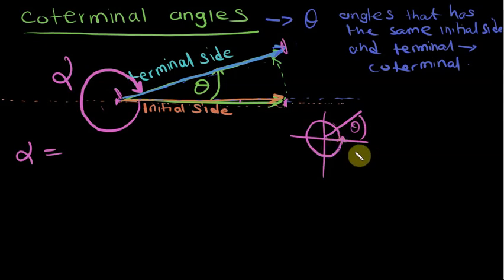So if you want to get the angle from this side all the way to theta, all we need to do is subtract 360 from theta, 360 degrees, because a complete revolution is 360 degrees.